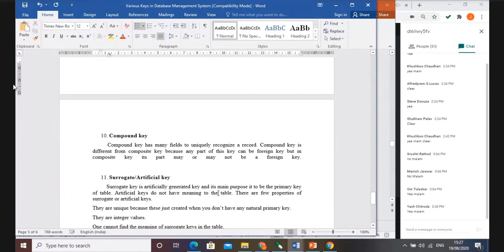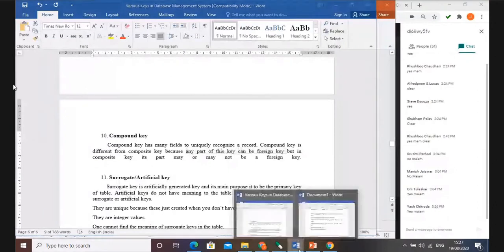A compound key has many fields to uniquely identify the records, the same way as a composite key. But there is one difference between these two. A compound key is different from a composite key in that any part of this key can be a foreign key. Suppose I have this example.